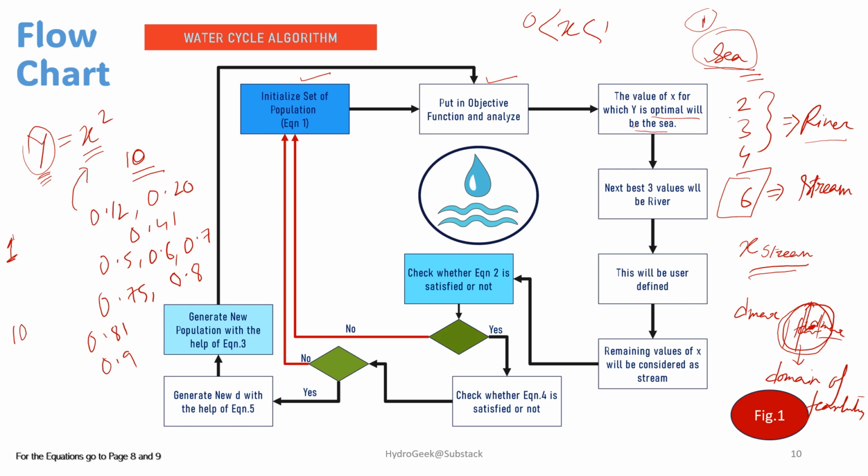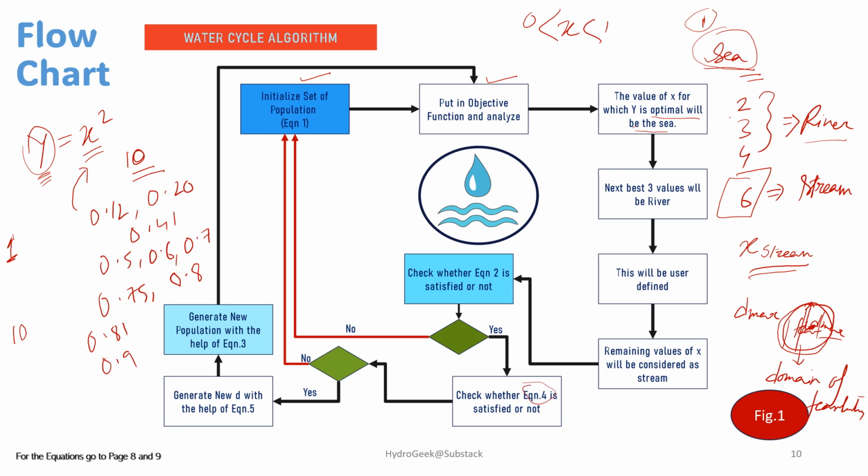In optimization terms, this new thing is similar to the mutation of genetic algorithm, which helps to avoid or overcome local minima, a very common problem where metaheuristics always get stuck. So this local minima can be avoided by checking this condition, equation 4. I will come to equation 4 later on.